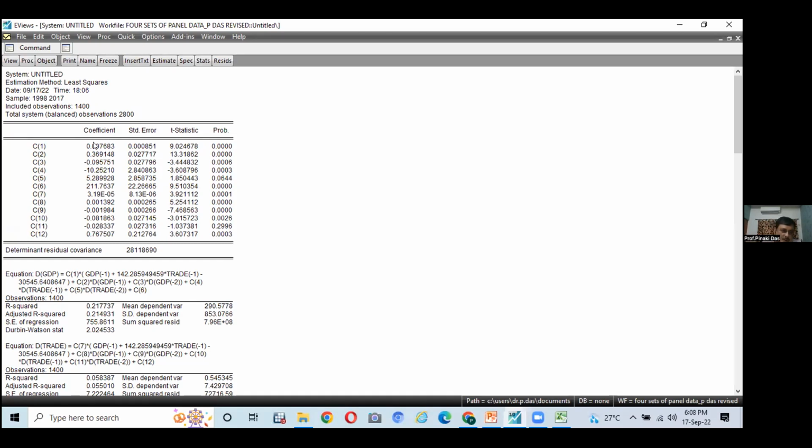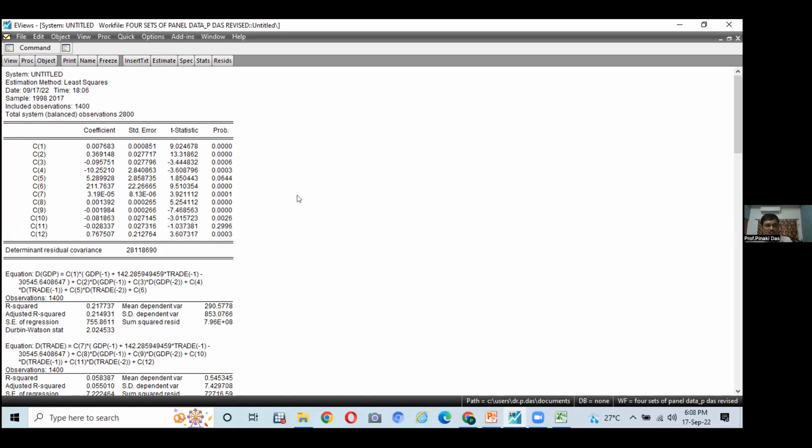But in our estimated result, the coefficient C1 is statistically significant, probability value is 0.000, but its sign is positive. Therefore, we can say that there is no long run causality running from trait to GDP. This is the interpretation for the long run causality, or the coefficient C1.